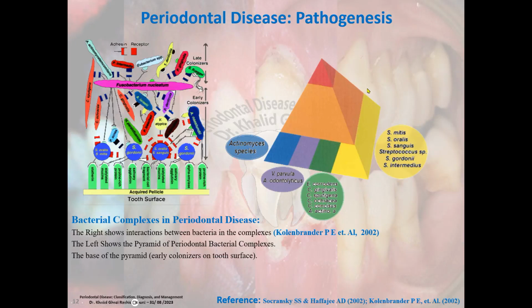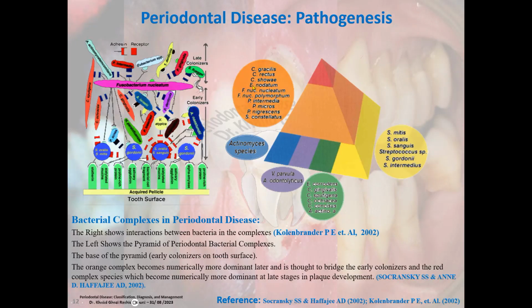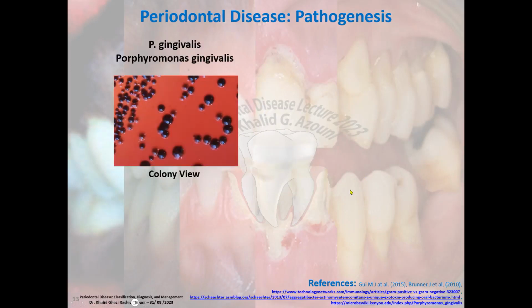And these are middle colonizers that develop in more mature plaque with the passing of time, and then there will be a buildup of certain harmful bacteria like Porphyromonas gingivalis, Tannerella forsythia, and Treponema denticola, and maybe Aggregatibacter actinomycetemcomitans later, and the development of more severe forms of periodontal disease.